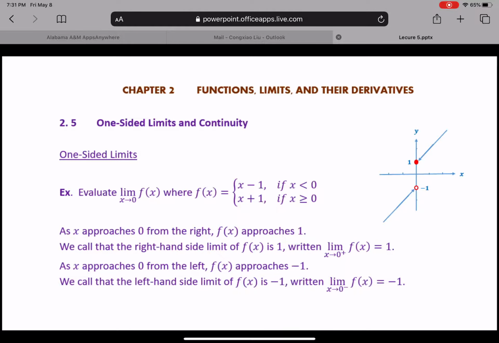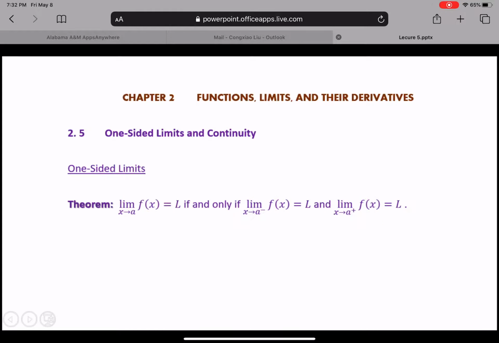So you can see, for the function to have a limit at x equal to 0 or any point, the left side limit and the right-hand side limit have to be the same. So this gives us the following theorem.